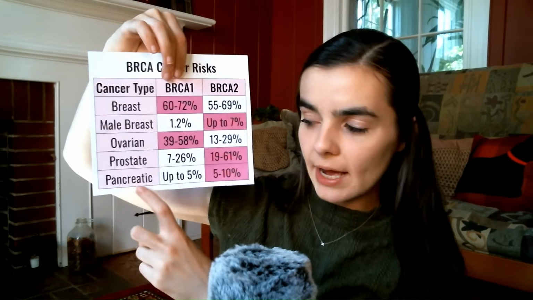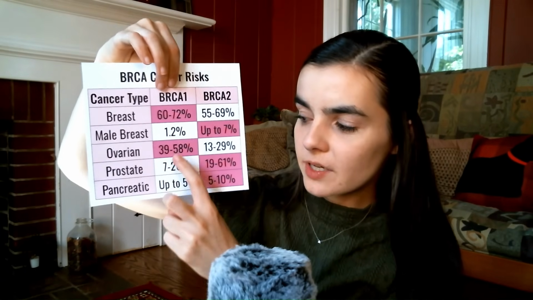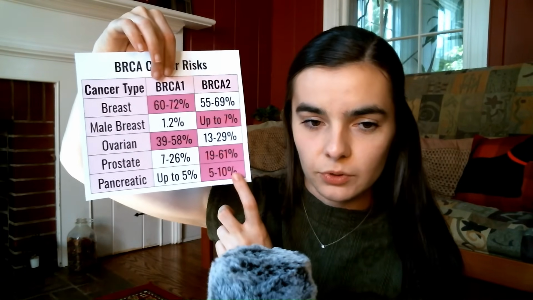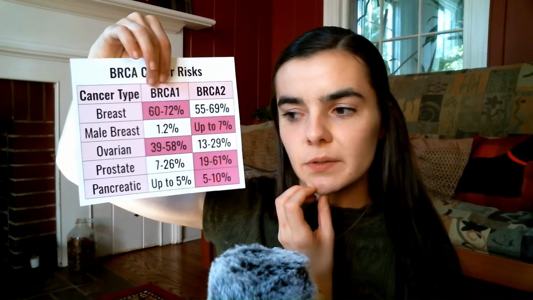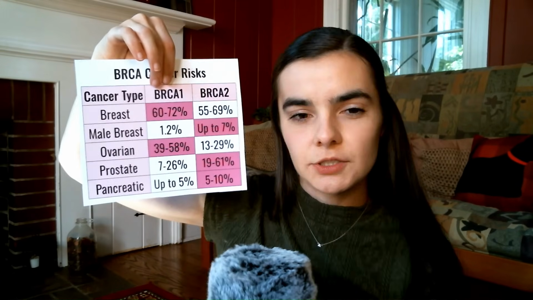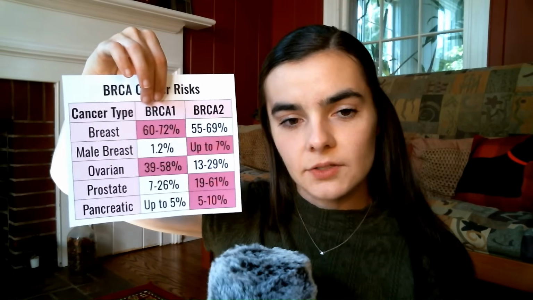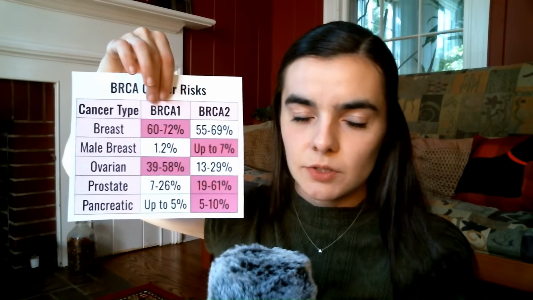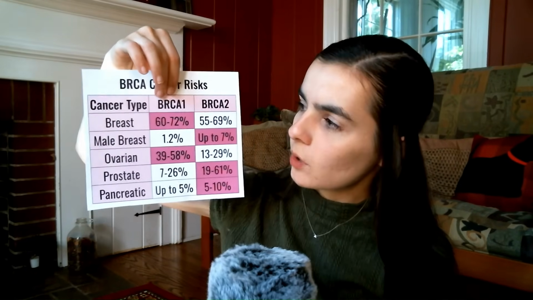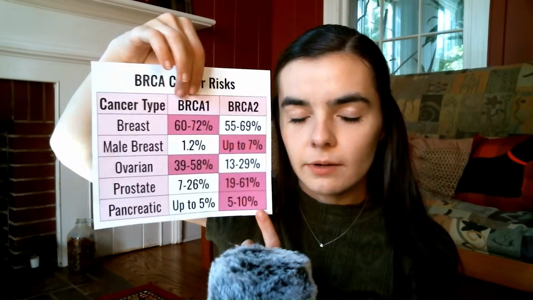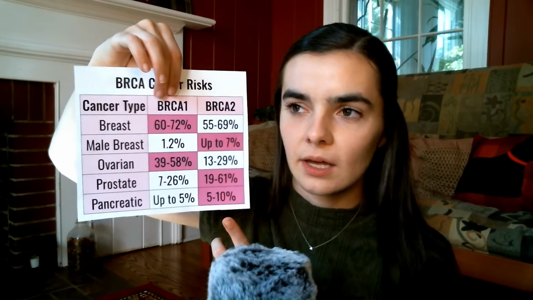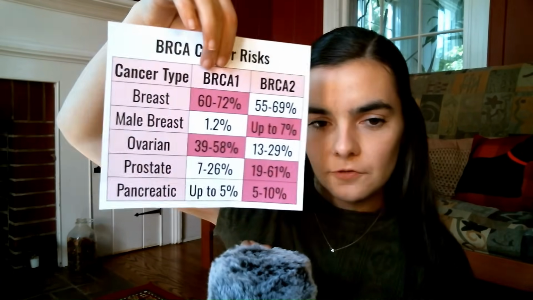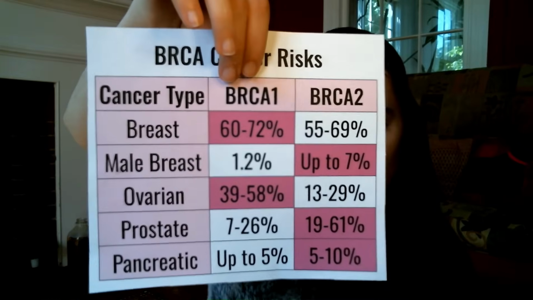And then pancreatic, up to 5% for BRCA1 and 5 to 10% for BRCA2. So it's not actually recommended to do any pancreatic cancer screening with BRCA1 unless you have a family history of pancreatic cancer. But it is recommended with BRCA2, and that screening would start at 50 years old.